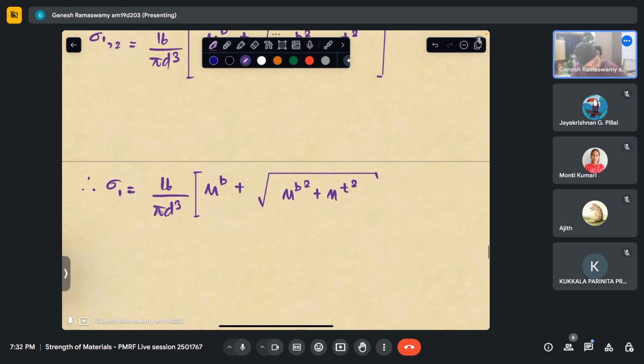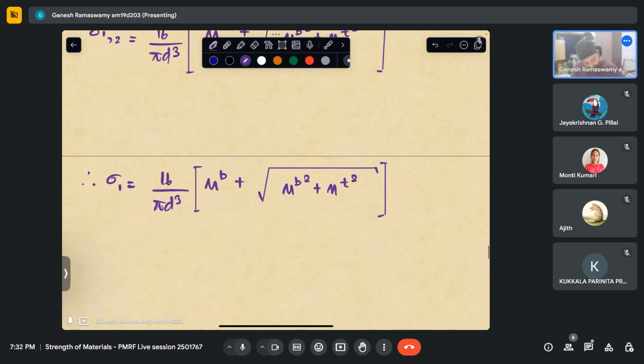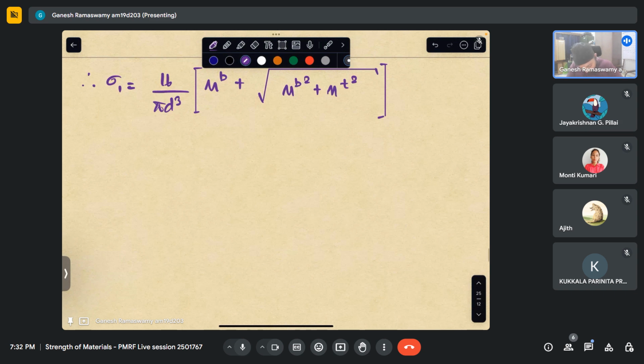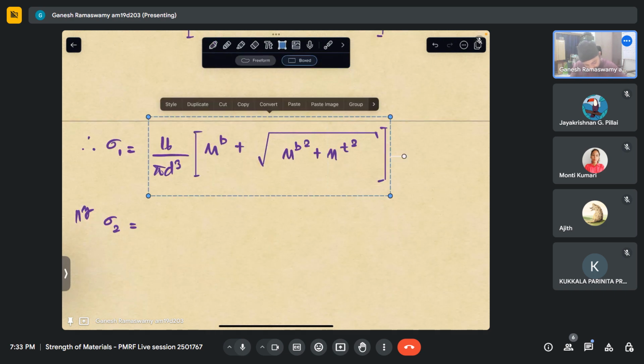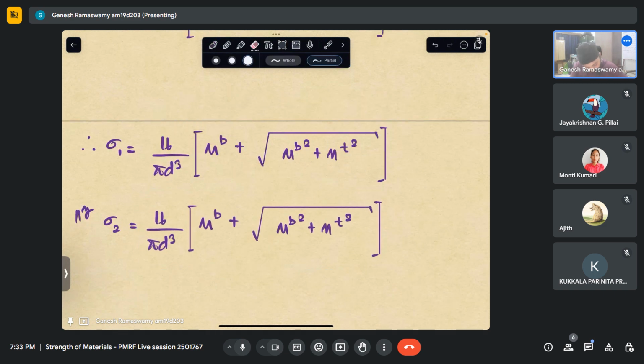Similarly, sigma 2 is the same quantity with a minus. So we have got sigma 1, sigma 2 here.